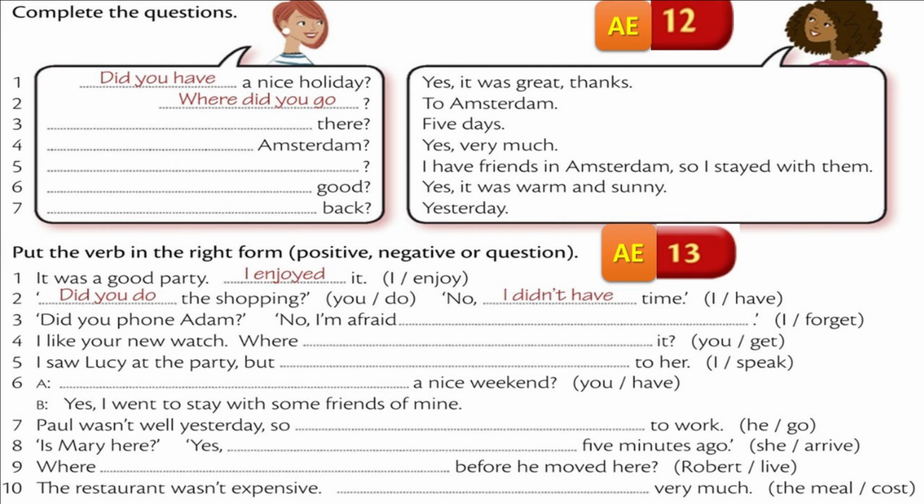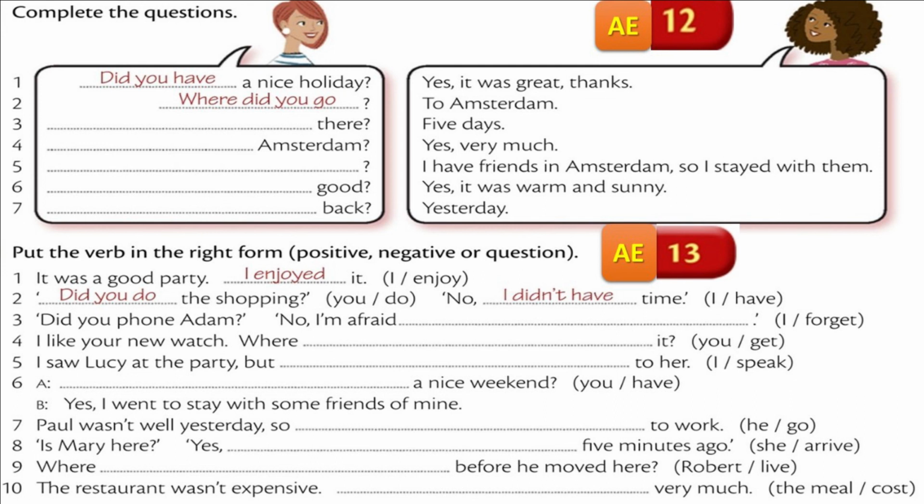Number 5. I saw Lucy at the party, but I didn't speak to her. Number 6. Did you have a nice weekend? B. Yes, I went to stay with some friends of mine. Number 7. Paul wasn't well yesterday, so he didn't go to work.